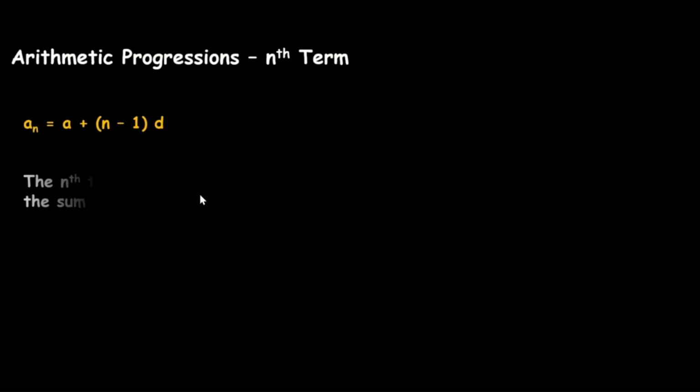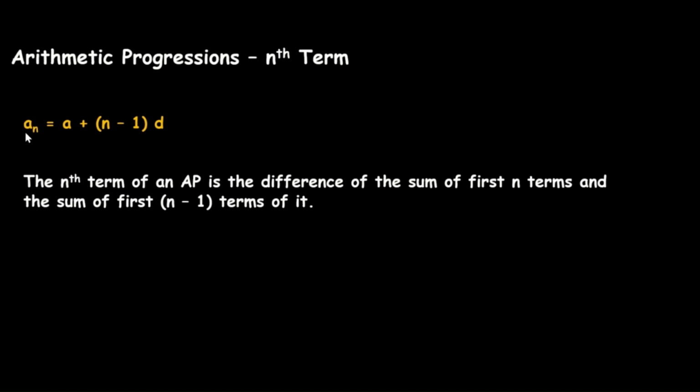There is one more formula for calculating the nth term, an. It is given as the difference of the sum of the first n terms and the sum of the first n minus 1 terms of an arithmetic progression.